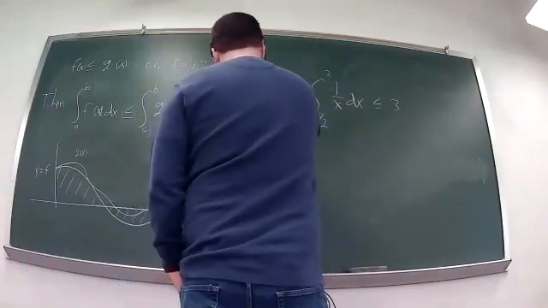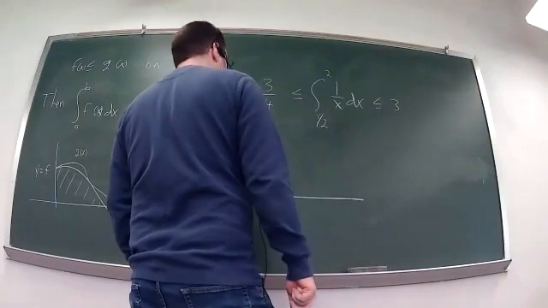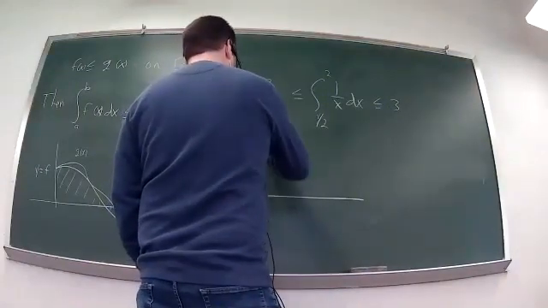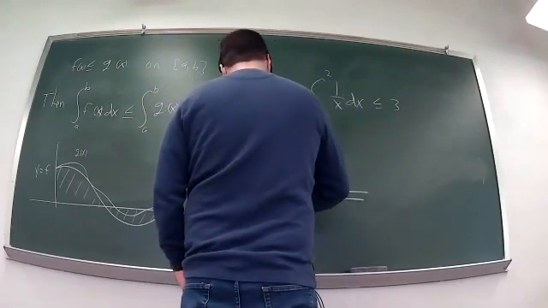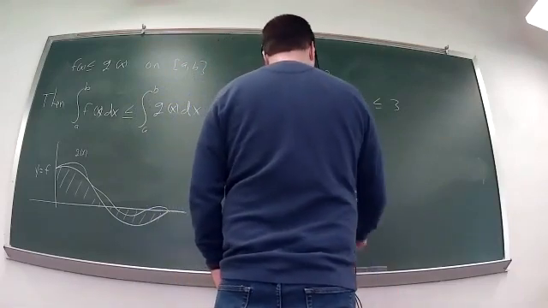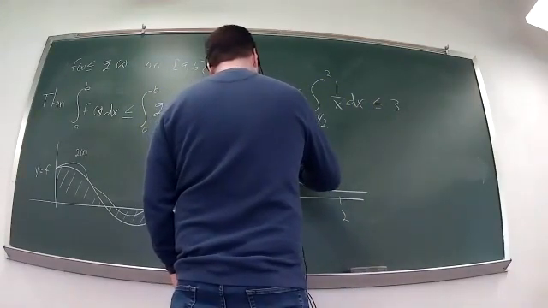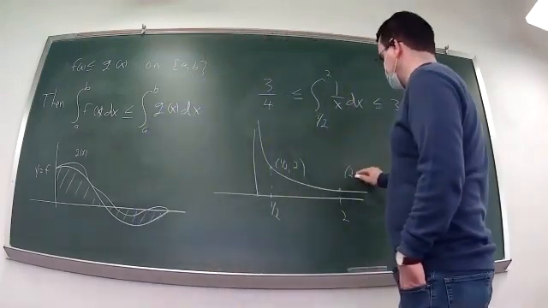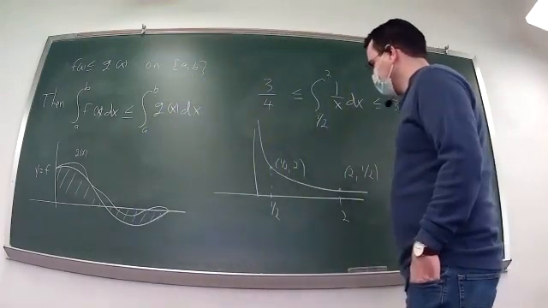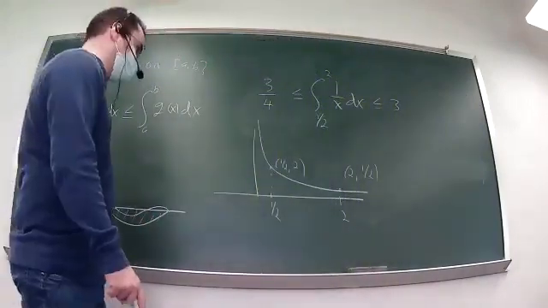If you look at the graph of 1 over x, its derivative is negative, so it's a decreasing function. Here we are at x equals 1/2, and here we are at x equals 2. The y value here would be 2, and the point here would be x equals 2, y equals 1/2. If you want to use this comparison theorem, there are two natural ways to do it.